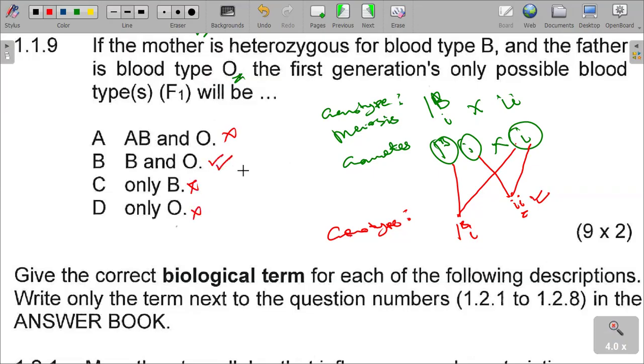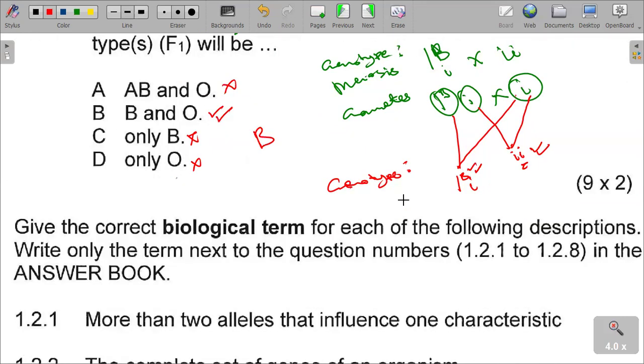So our answer, as you can see, we have this B and that O. So our answer is B, because I have proven to you that we can have blood B and that one, which is quite correct in that respect.